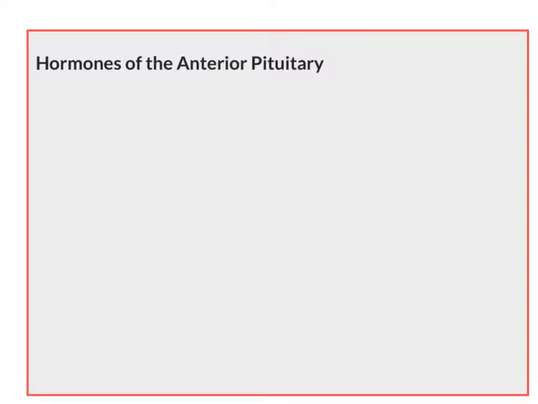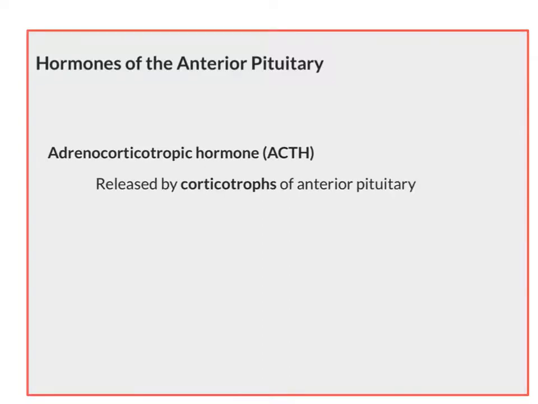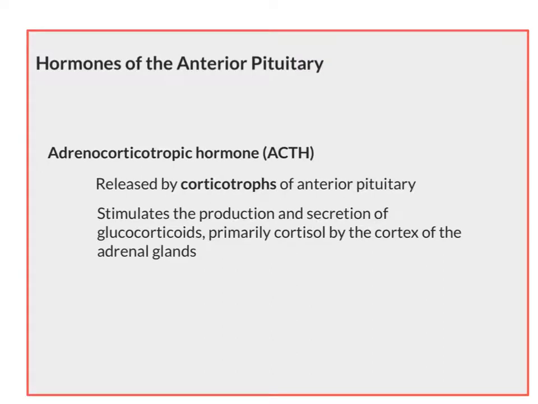Adrenocorticotropic hormone, abbreviated ACTH, is also called corticotropin. This hormone is released by the corticotrophs of the anterior pituitary. This hormone stimulates the production and secretion of glucocorticoids, primarily cortisol, by the outer cortex of the adrenal glands.